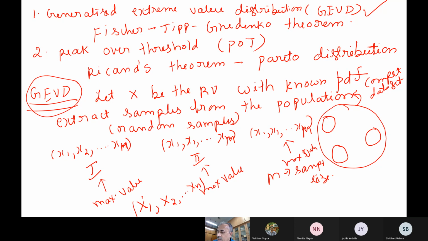So x1 is the maximum value in sample 1, and similarly xn is the maximum value in the nth sample. So like that, I will have x1 to xn.